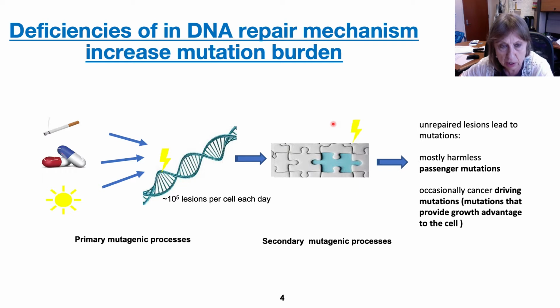Such deficiency can be acquired during the lifetime of the organism and can also be genetic, such as often a mutation in BRCA1. So overall, it is the interplay between the environmental processes, what we call primary mutagenic processes, and the DNA repair mechanisms, which I refer to as secondary mutagenic processes, that contributes to the mutational landscape of an individual genome.